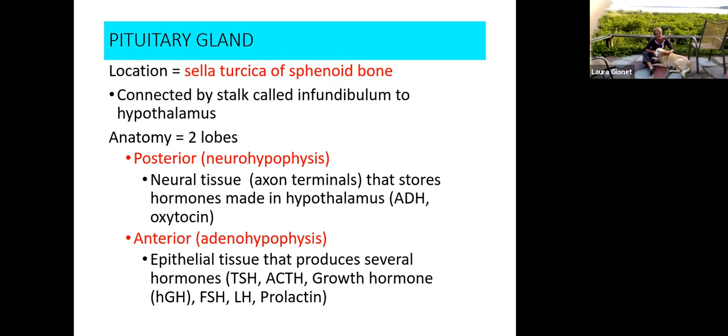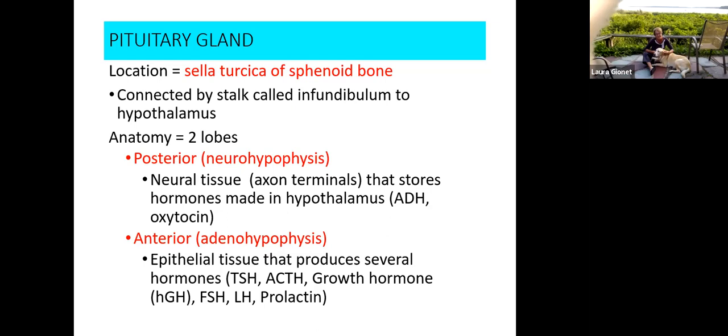The posterior pituitary is actually neural tissue, with lots of neurons. So when the hypothalamus wants to communicate to the posterior pituitary, it sends action potentials, it sends signals down the axons of these nerves to the posterior pituitary because it's all nerve tissue.